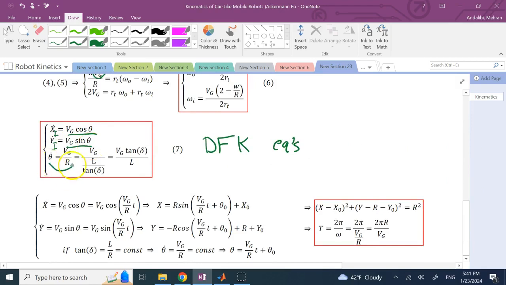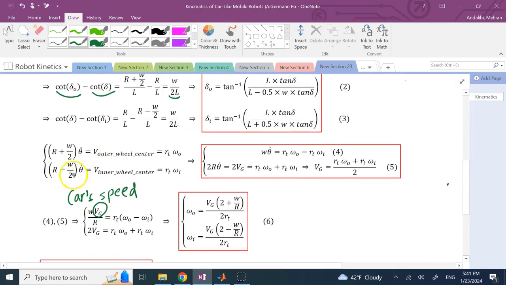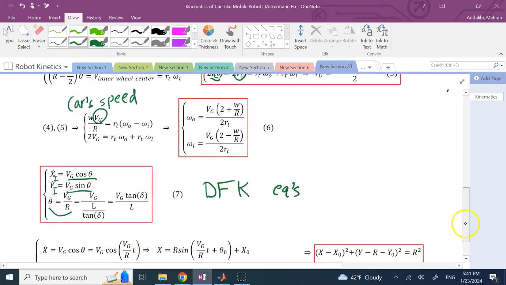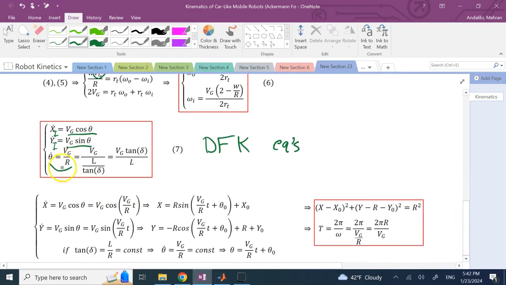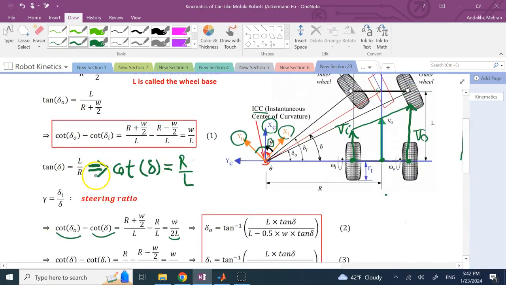And theta dot, remember it was VG over R. Remember here, I just cleaned it, but theta dot is VG over R, which we just did. So that is your last equation. Now, here, instead of this R, I replace it by L over tangent of the steering command angle. So here, look, it comes from there.